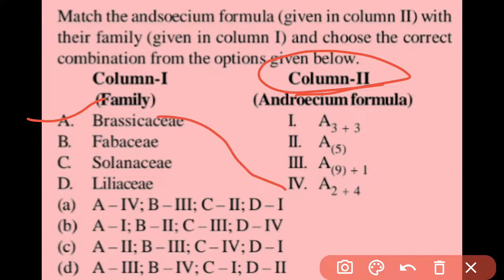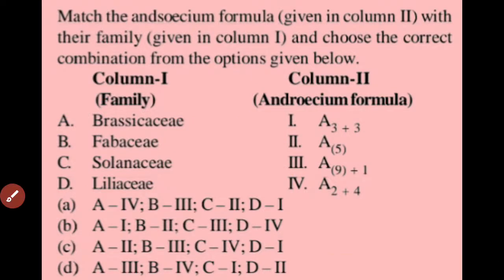For Fabaceae, it is basically 9 plus 1, the third one. For Solanaceae, it is A5, the second option. And the last one, for Liliaceae, A3 plus 3. So option A is correct. Okay guys, option A is correct. Let's move on. Next question.